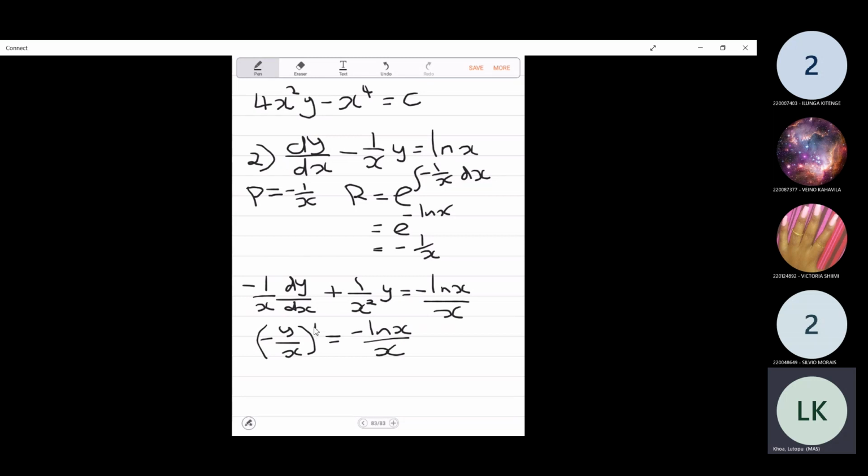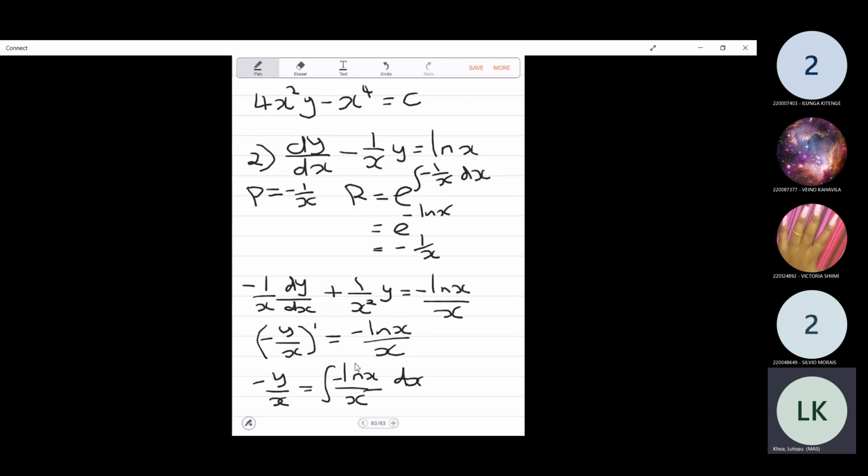And then to get rid of the derivative, we integrate both sides. So minus y over x, this is the integral of minus ln of x over x dx. Okay, the negative can go out, and over here we can use substitution because the derivative of ln of x is 1 over x.